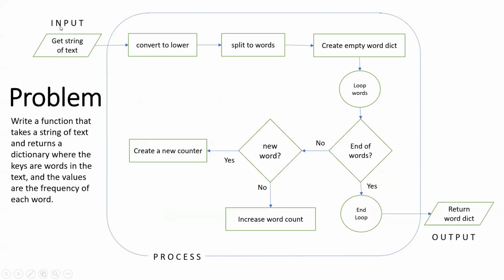So the flow chart: input, get a string of text; output, return a word dictionary. The string may have words that repeat, maybe with the first letter capital, like the word repeated in capital and small letter.